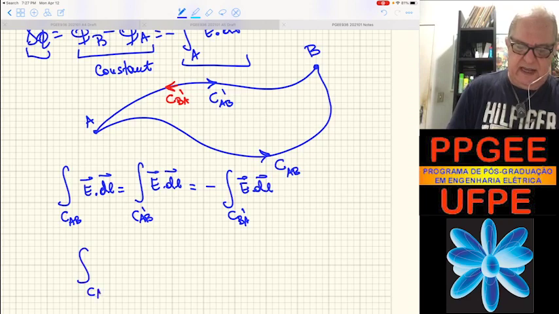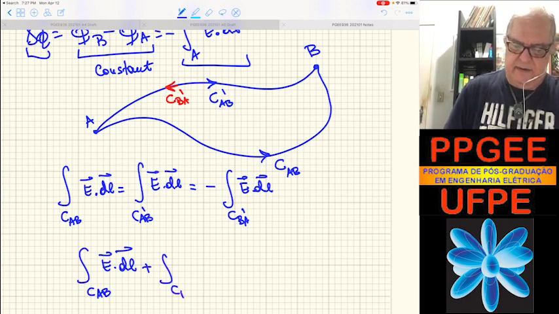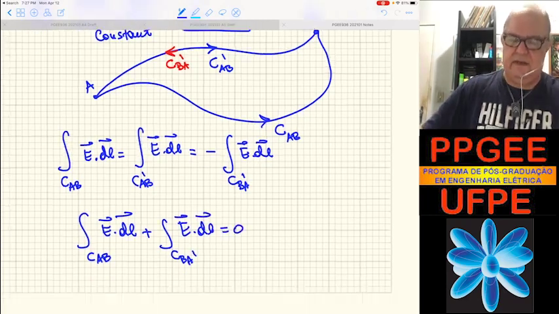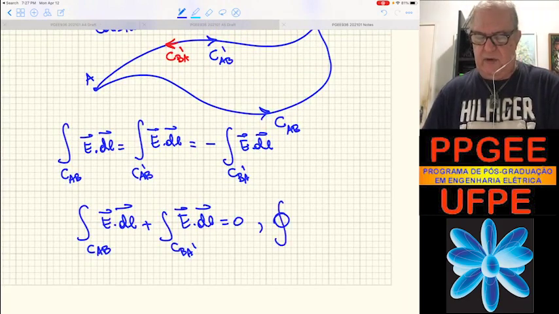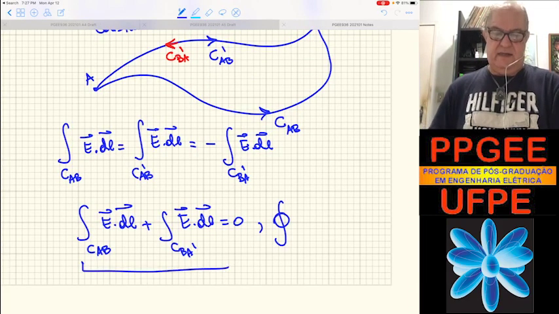So if CAB prime plus CBA prime equals 0, this is nothing less than the circulation, right?